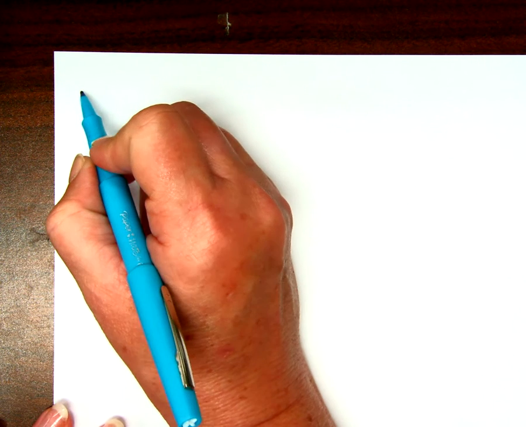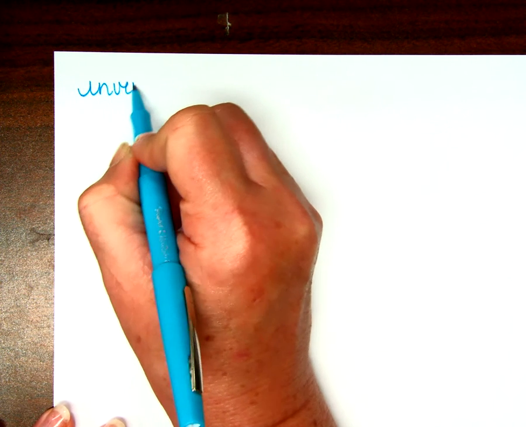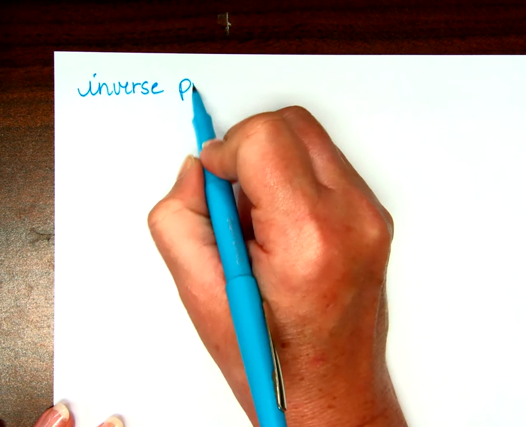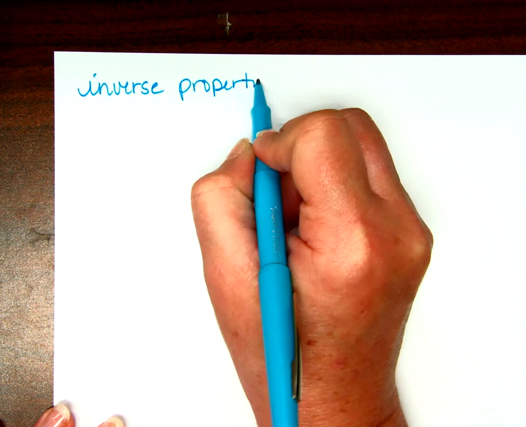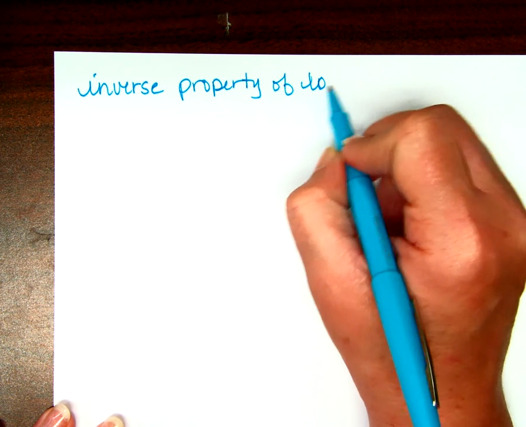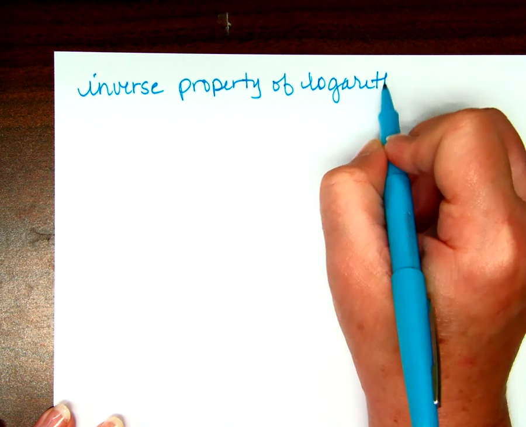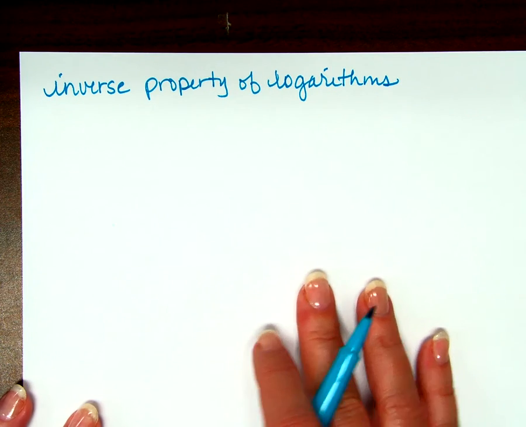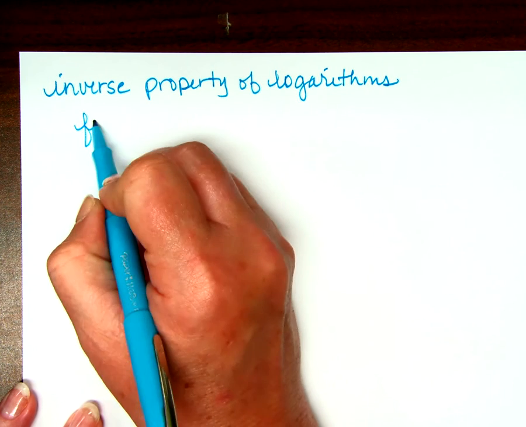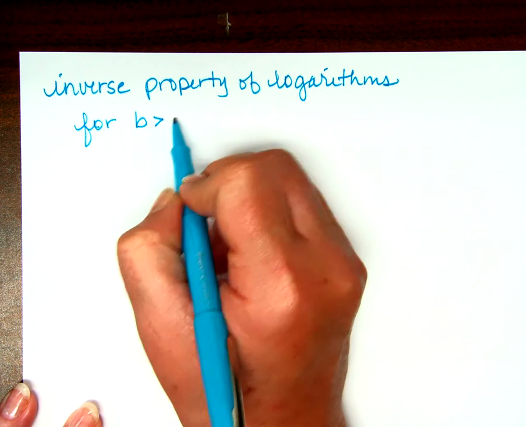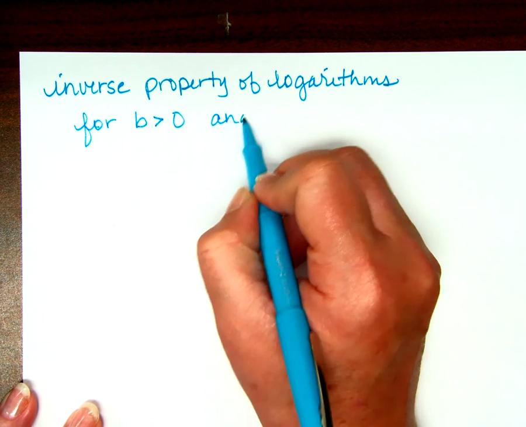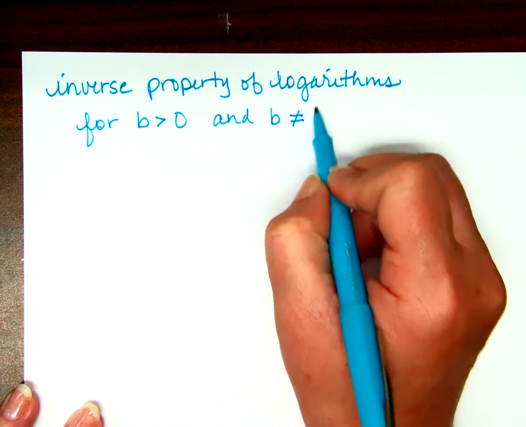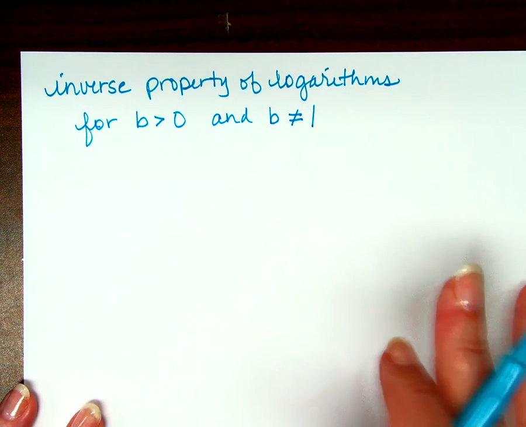So officially, that is called the inverse property of logarithms. Officially, the inverse property of logarithms says for b greater than 0 and also b not equal to 1. It's got to be greater than 0 but not equal to 1.